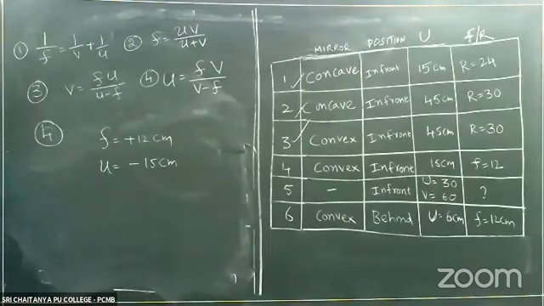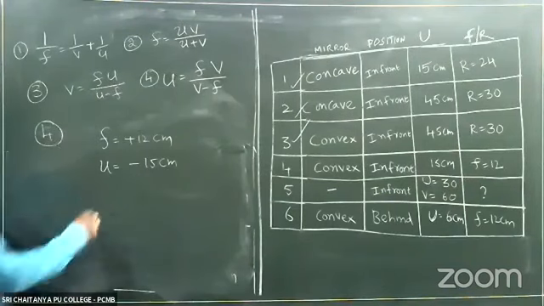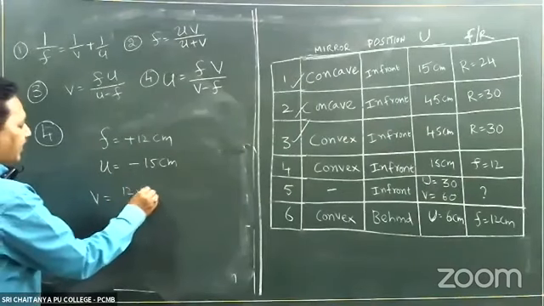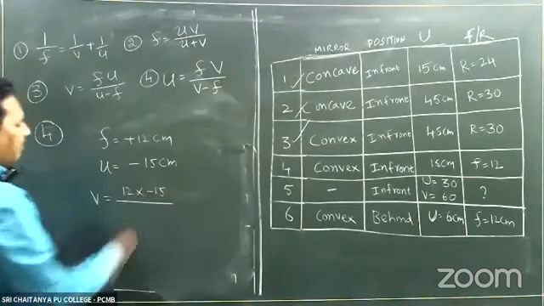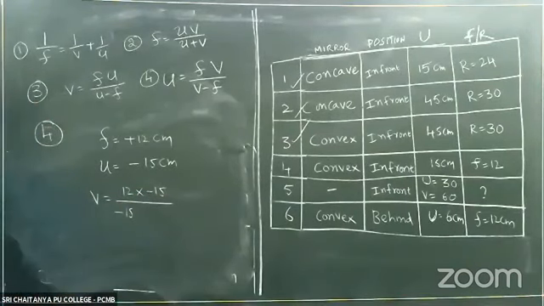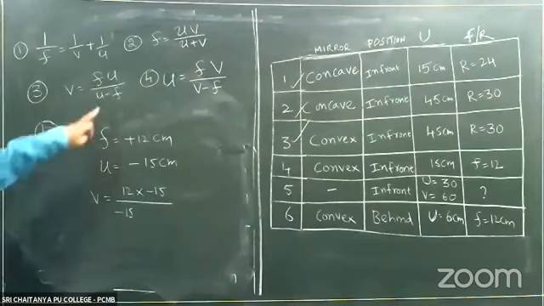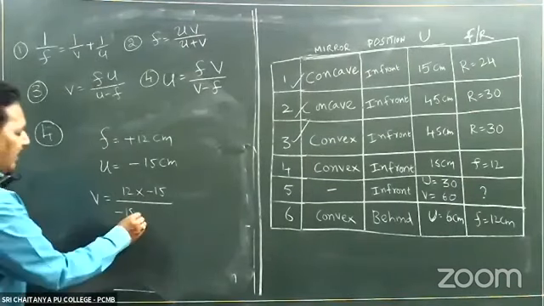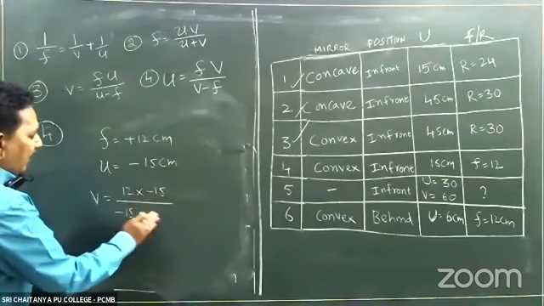Calculate the position of the image. This formula only. So V is equal to F into U by U minus F, that is 12 into minus 15 by minus 15 minus 12.